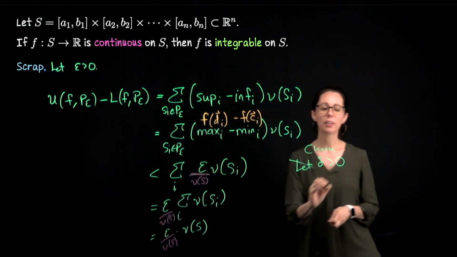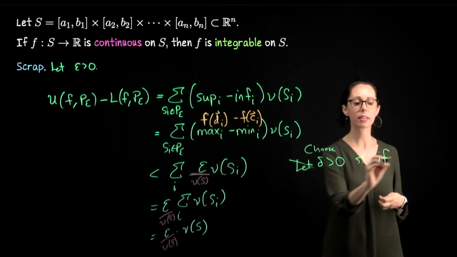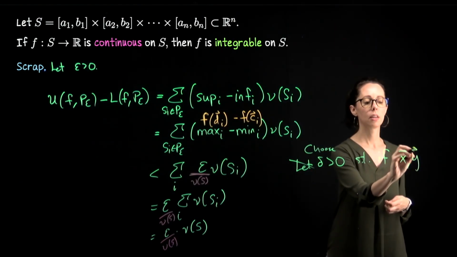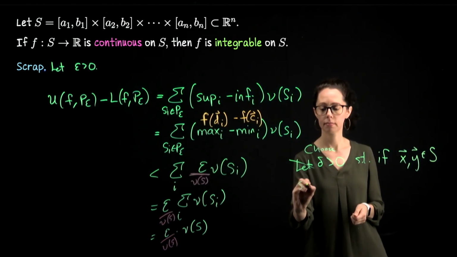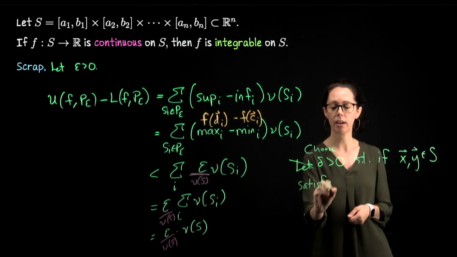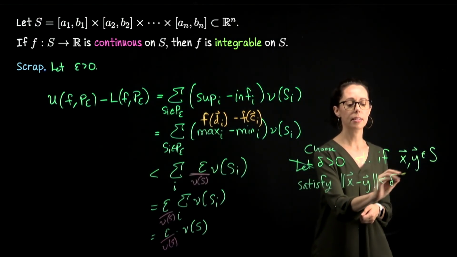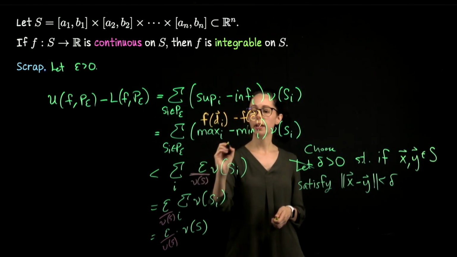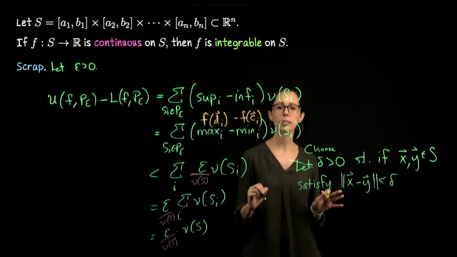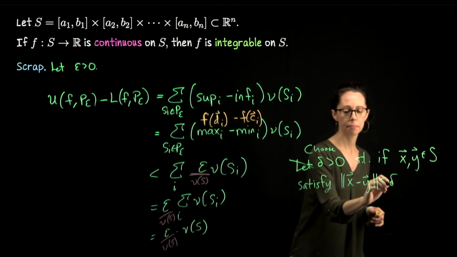Choose delta greater than 0 so that if any two points, let me just name them x and y, any two points from S are within distance delta of each other, so satisfy that their distance in R^n is less than delta, then their outputs are within distance epsilon over the volume of S. We will pause so you can digest this, and then we will talk about now how to make the actual partition.